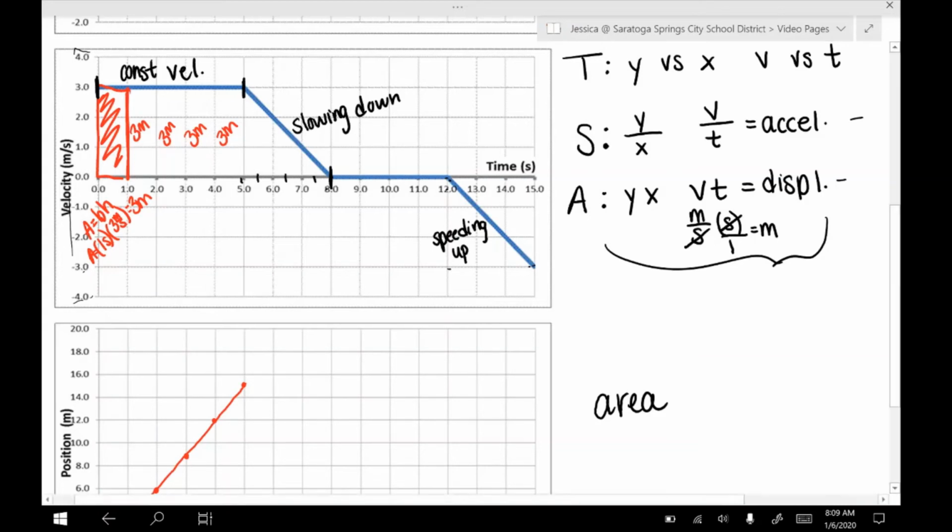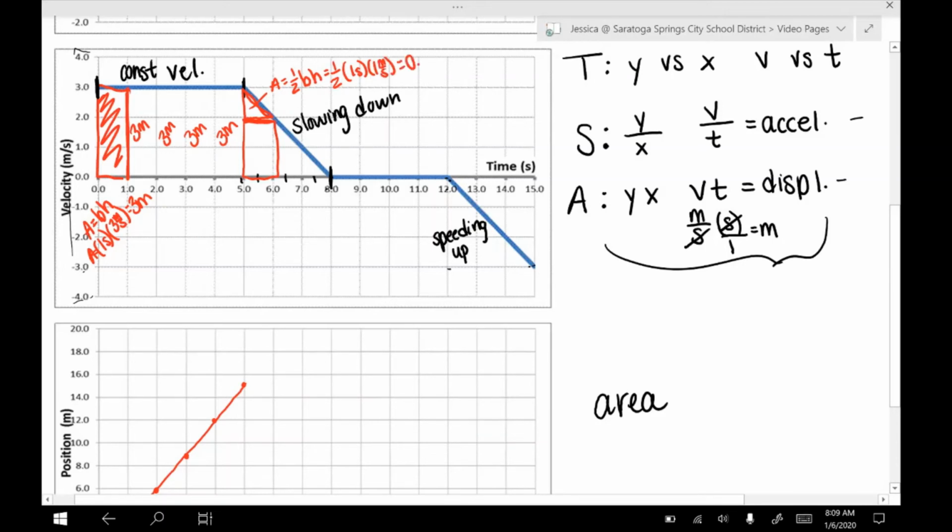Okay. So I have to calculate the area of this little triangle and this rectangle here to figure out how much distance, essentially, I gain from 5 to 6 seconds. So this triangle has an area of 1/2 base times height. So 1/2, my base is 1 second. Height, nope, not 3 meters a second, 1 meter a second.